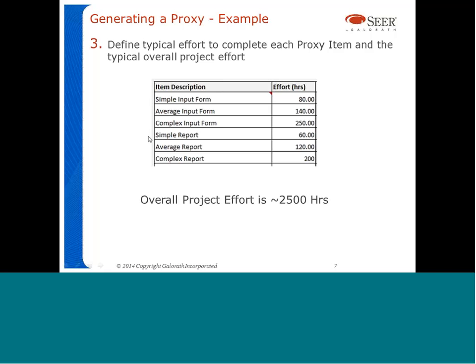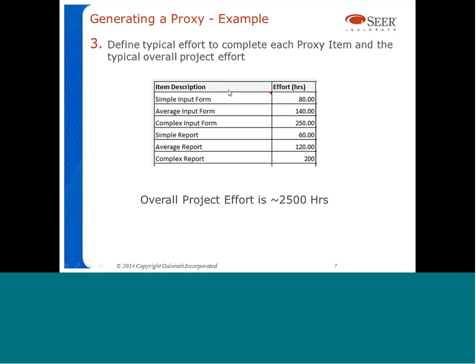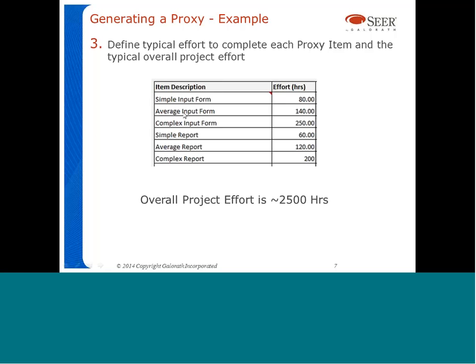And we know the effort associated with a simple input form is 80 hours. Average input form is going to be 140 hours. We enter that here. Complex input form is going to be 250 hours. And I know this. How do I know this? Well, I've been doing these input forms and reports for a while, and based on my experience, I know this is what it takes.